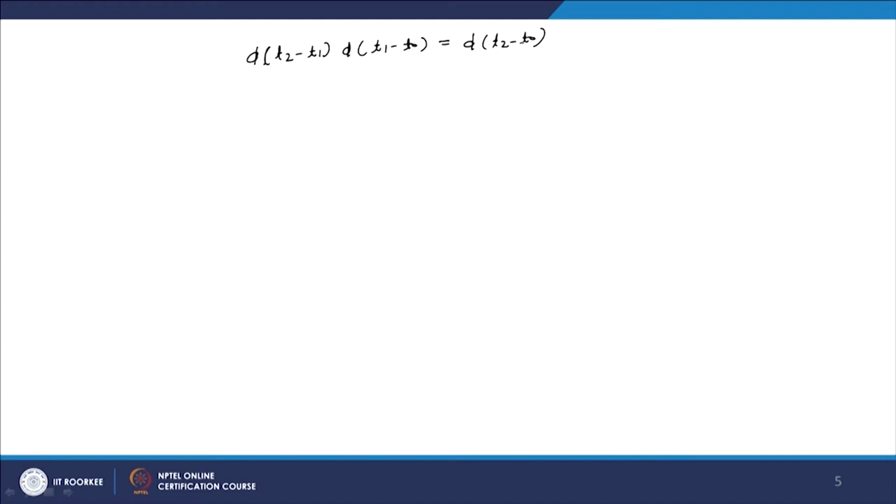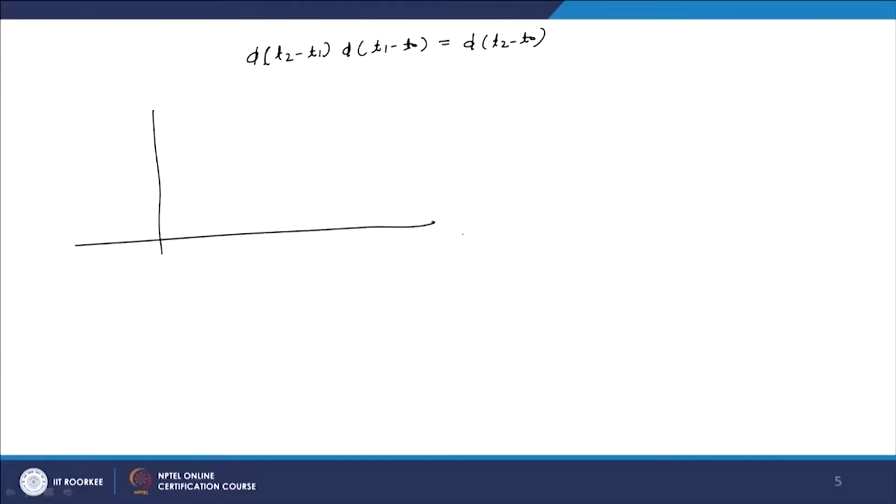Now, this we can express through a diagram. Here is one point, and another point here. Here x of t0, and here x of t1. The state has been transferred from x of t0 to x of t1, and that has been represented by phi of t1 minus t0.